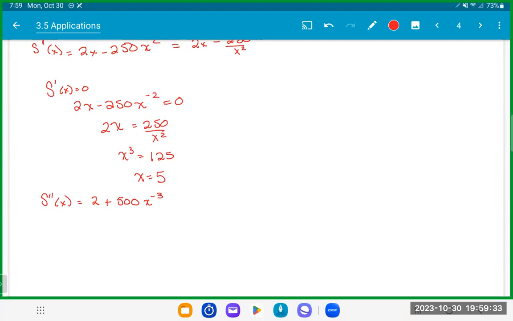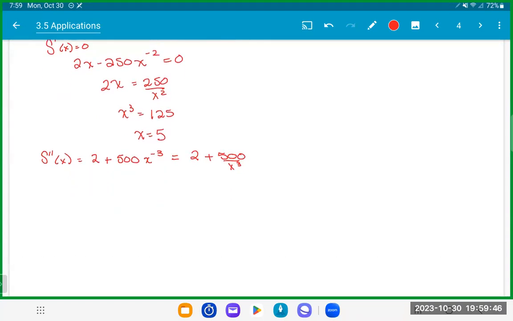So we can rewrite that as 2 plus 500 over X cubed. Evaluating at 5, that's 2 plus 500 over 5 cubed, which is 6, greater than 0. Since the second derivative is positive, we have a minimum at X equal to 5.